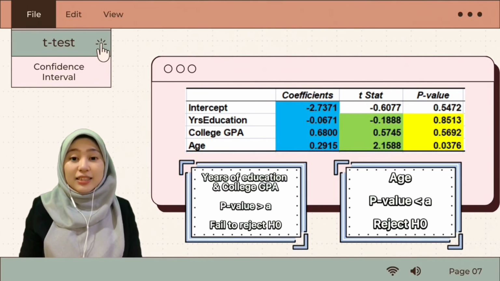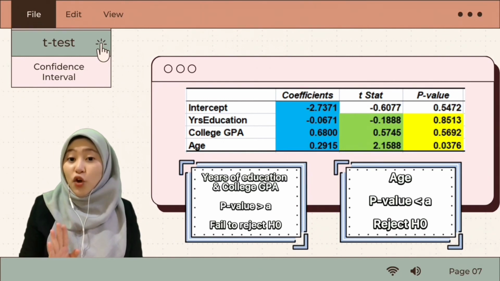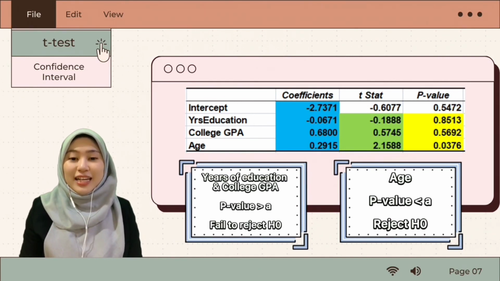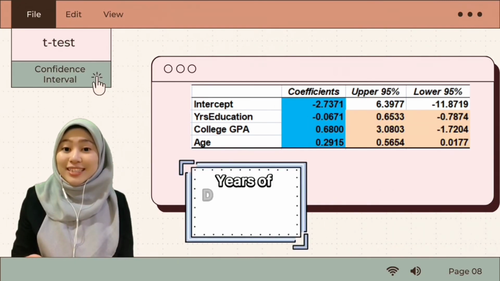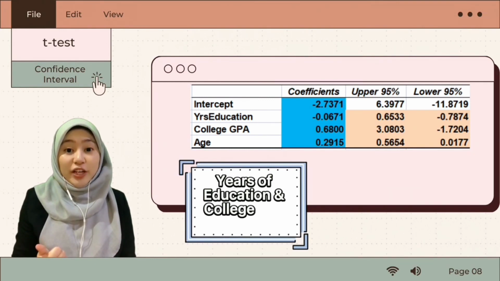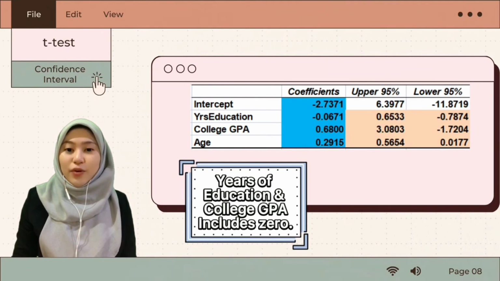As a result, years of education and college GPA have no effect on employee retention, but age has a significant effect on employee retention. Last but not least, the confidence interval. The confidence interval of years of education and college GPA includes zero.